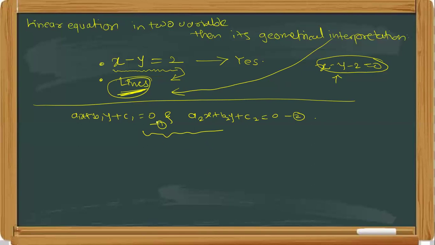Now this is called the solution of linear equations. These two equations together are called simultaneous equations.